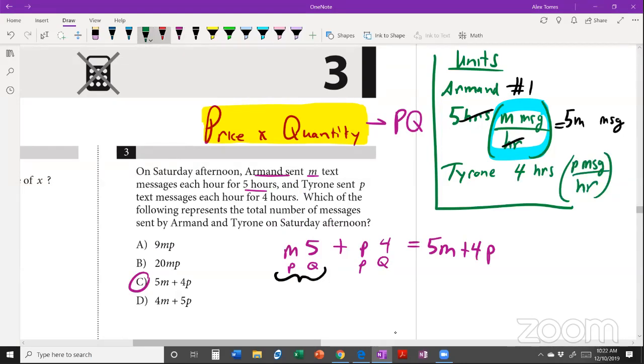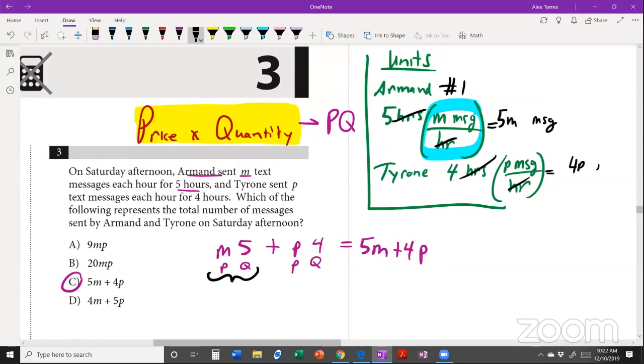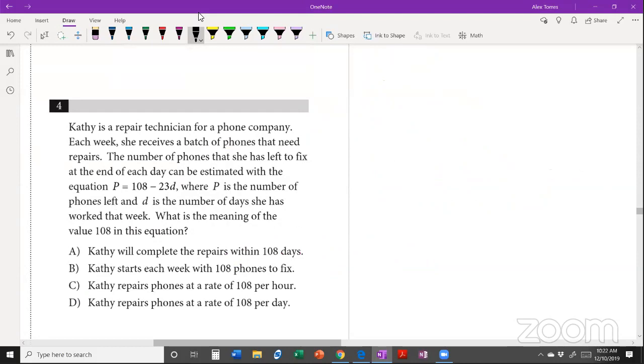So the unit of hours cancels out right there, leaving you with 4P messages, which is what we had here. So you had the 4P and the 5M. It matches up whether you look at it in terms of price and quantity or in terms of unit conversions. So let's go ahead and go to number 4 now.